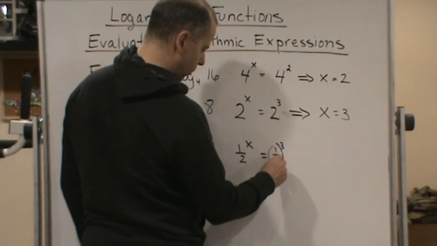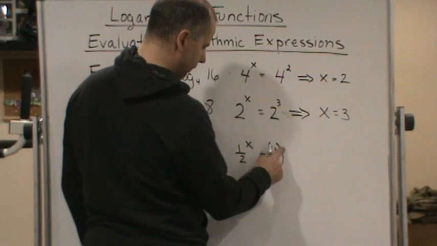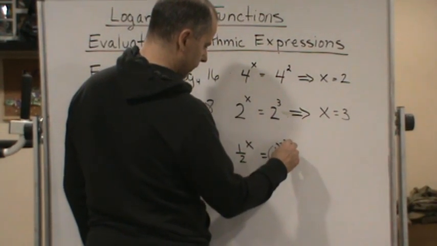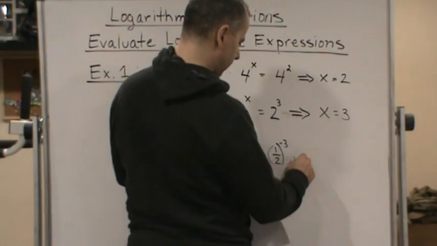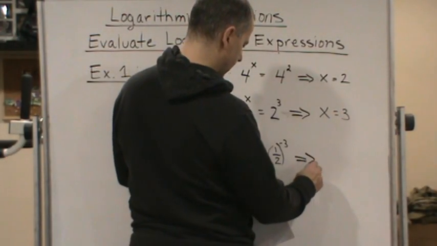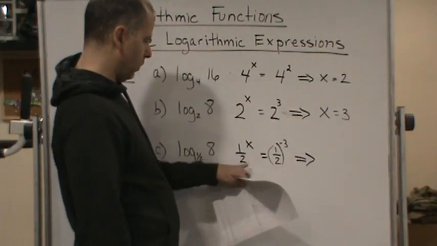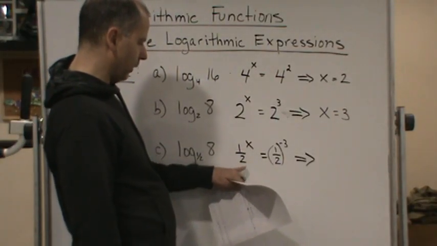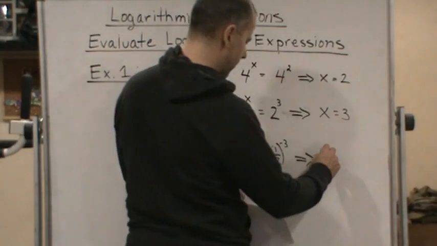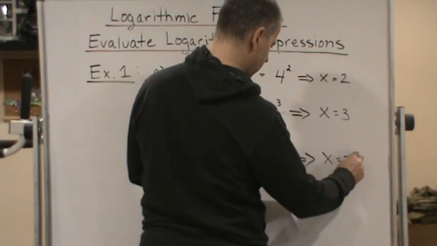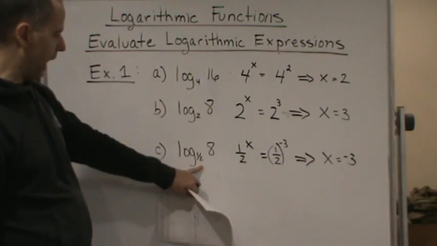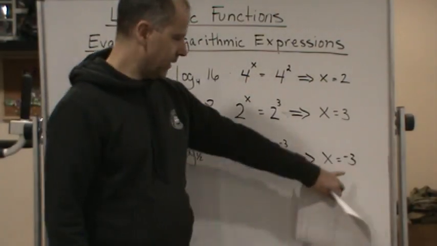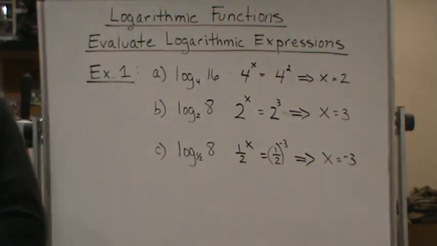So to go from 2 to 1/2, I have to change the 3 to a -3. Now I can use the equivalence property: since these two exponentials are equal with the same base, their exponents must also be equal. And so the log base 1/2 of 8 is equal to -3. That's it.